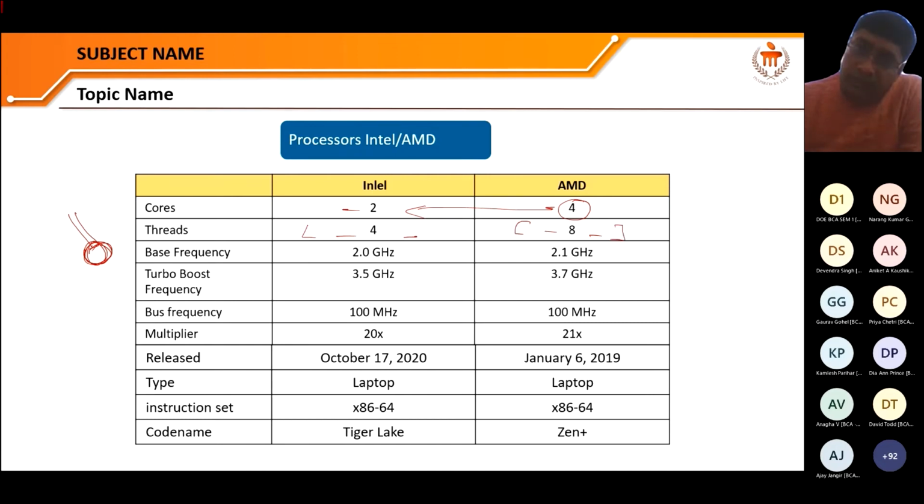And how do the threads work? Suppose I give an example of how important threads are. When you are working in MS Word, you can write A, B, C, D, and here you can see a blue line, here a red line.